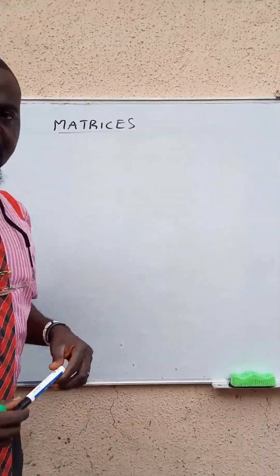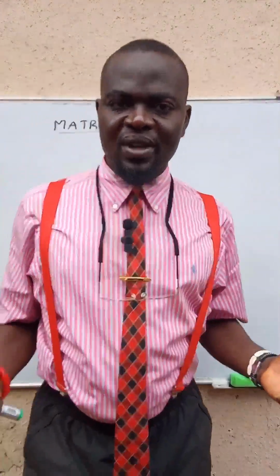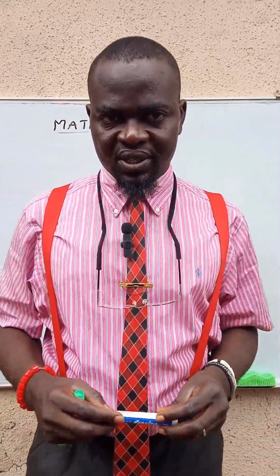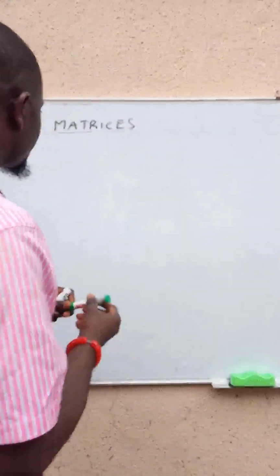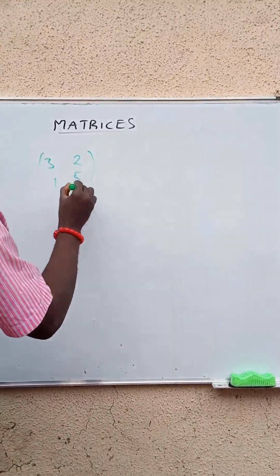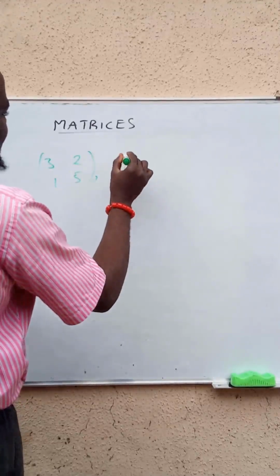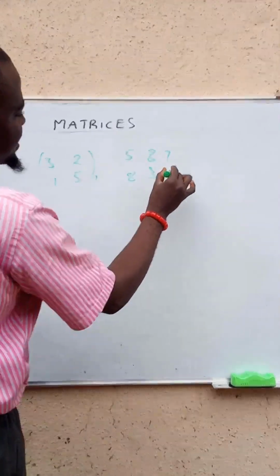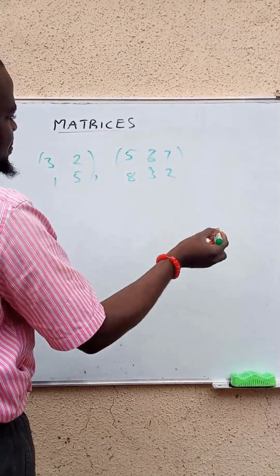Now, a matrix is a set of numbers arranged in rows and columns to form a rectangular array. For example, if you're having 3, 2, 1, 5, this is an example of a matrix. 5, 6, 7, 8, 3, 2 is an example of a matrix.